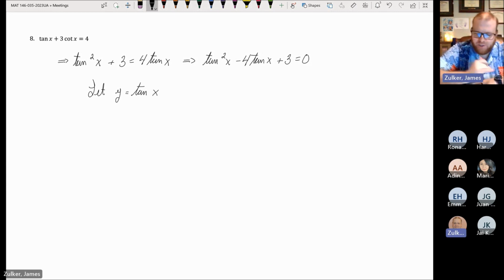So say y is tangent of x. All right, we're going to get y squared minus 4y plus 3 is equal to 0, which does factor.